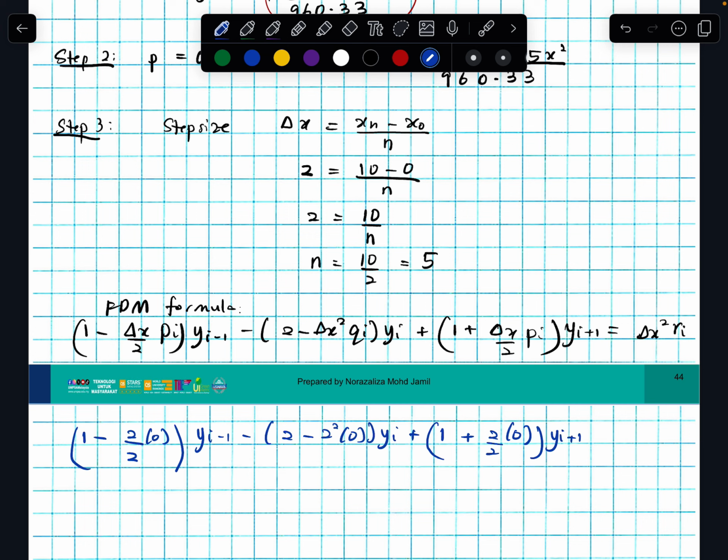And then on the right hand side, since it has long expression, I put down here, and we want to write the ri, so each x should be replaced by xi.